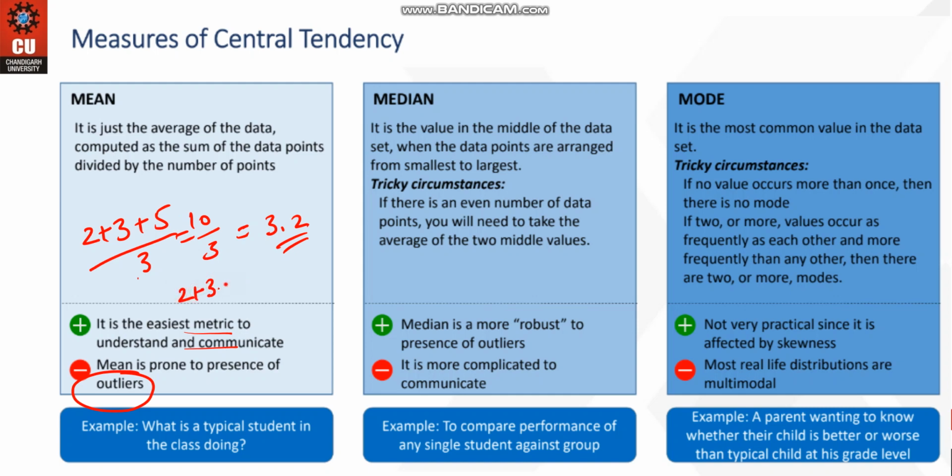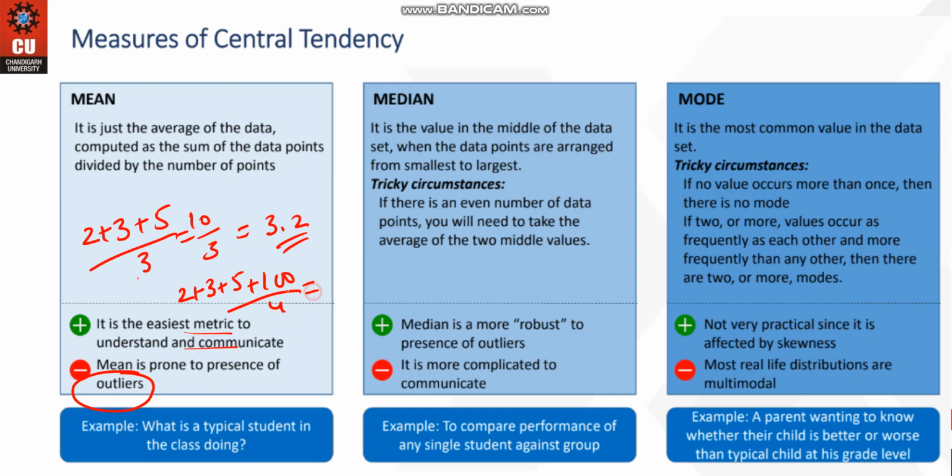Suppose I continue with the same values 2, 3 and 5, and one of the values is 100, which is an outlier; outliers are basically extreme values. We will have another video on outliers and noise to differentiate between what you understand by noise and outliers. In this case the outlier is an extreme value.